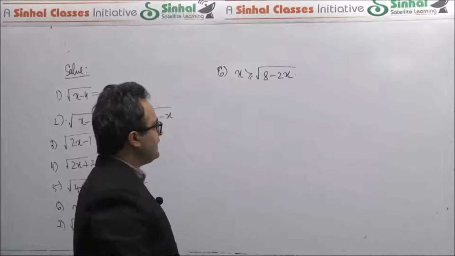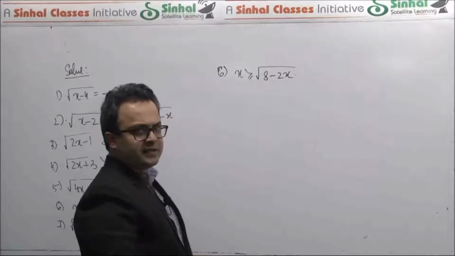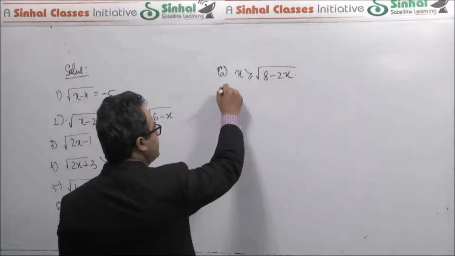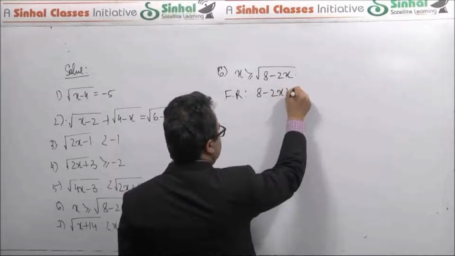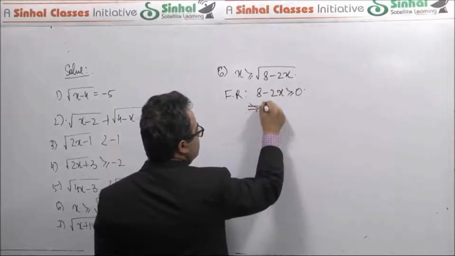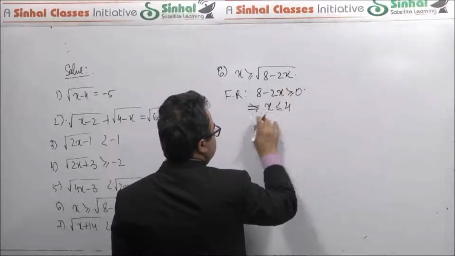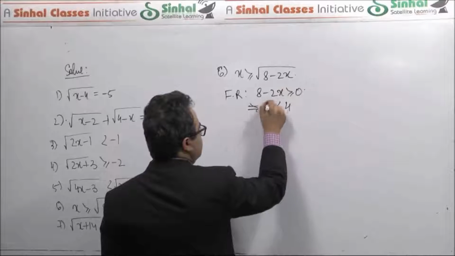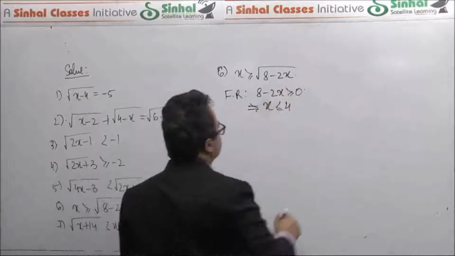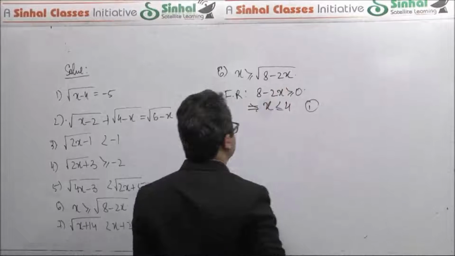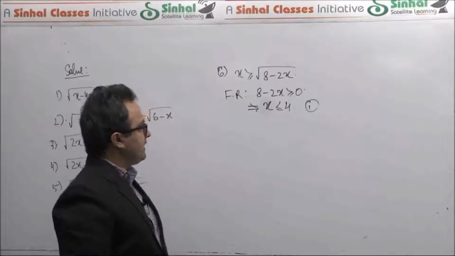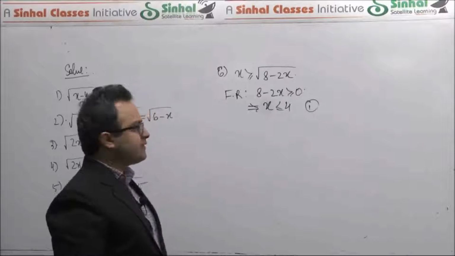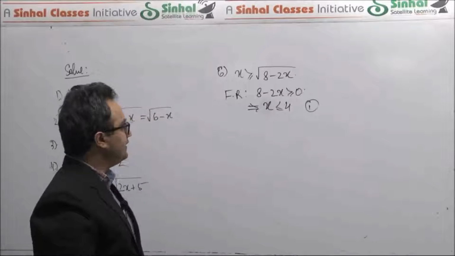Now in this question we'll have to be really very careful. The first thing that we should talk about again is the feasible region. X less than or equal to 4 is definitely the set of values for which the inequality is defined, so that is one thing.